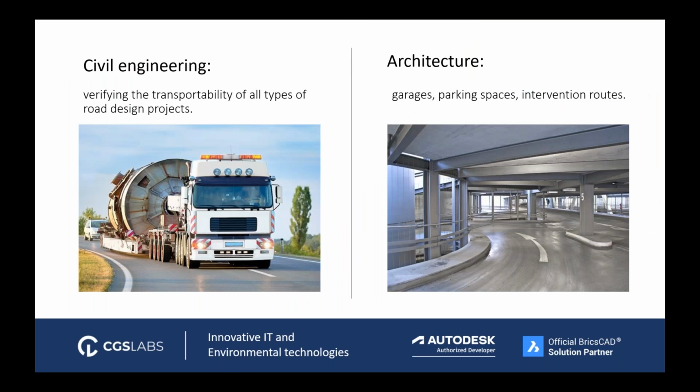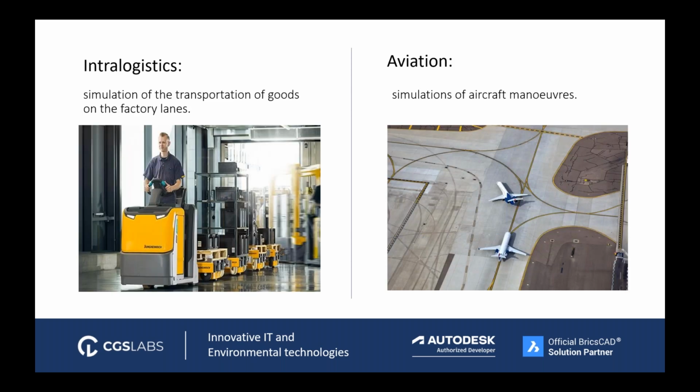As you've seen, it's a valuable tool for civil engineers and architects, but it is also used in intralogistics to simulate the movement of goods through factory lines. In addition to these applications, Autopath can be used to simulate aircraft maneuvers, which is critical for designing efficient and safe airport infrastructure. This is a prime example of how technology can be used to improve the safety and functionality of critical infrastructure. The possibilities with Autopath are truly endless.